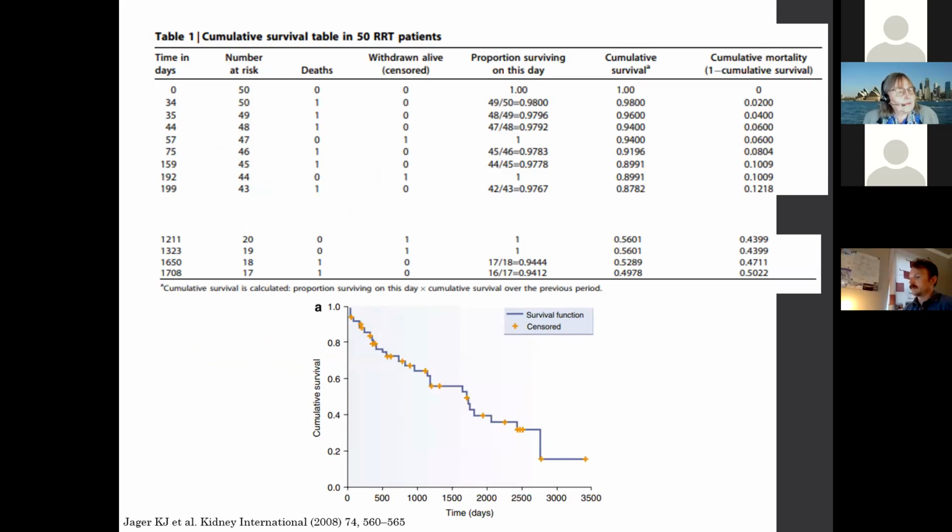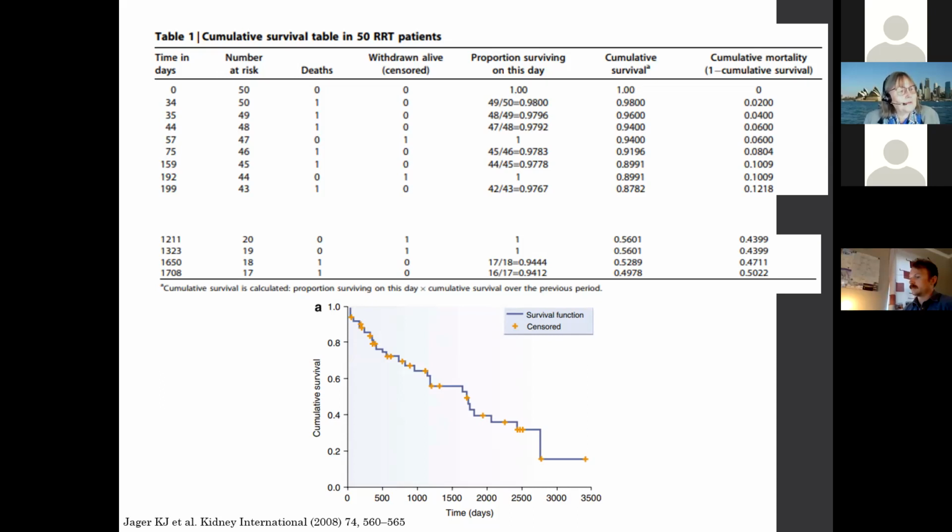And if you did it by hand, this is again going back to the renal replacement therapy study, and this is in 50 patients. Here are the days from the shortest observation period, and the longest is out here at about 3,500 days, but in this table they stopped it at about the median survival, at 1,708 days, which is right about here.